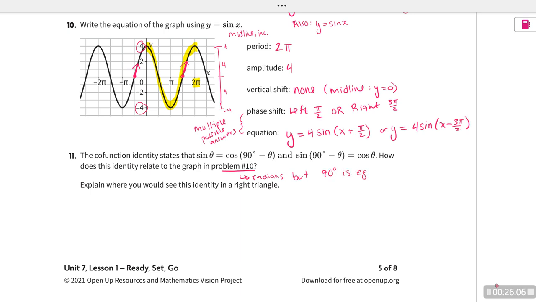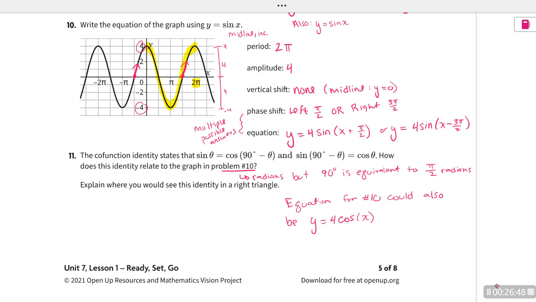But 90 degrees is equivalent to pi over 2 radians. So the equation for problem 10 could also be y equals 4 cosine of x with no shift at all, since it's starting on the maximum.